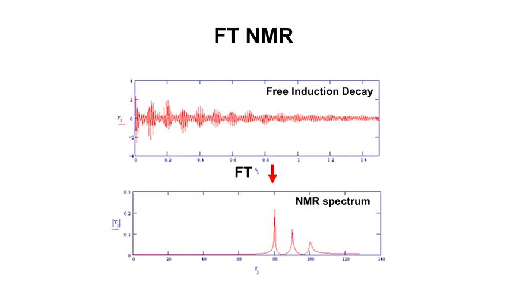So you're taking a time-decaying signal, and with Fourier transform, you're converting it from time to the frequency domain, or an inverse time. By converting it to frequency, you're actually able to detect the most significant frequencies that are in that free induction decay. And in this case, there are 3 significant frequencies, and these are plotted in the spectrum below.